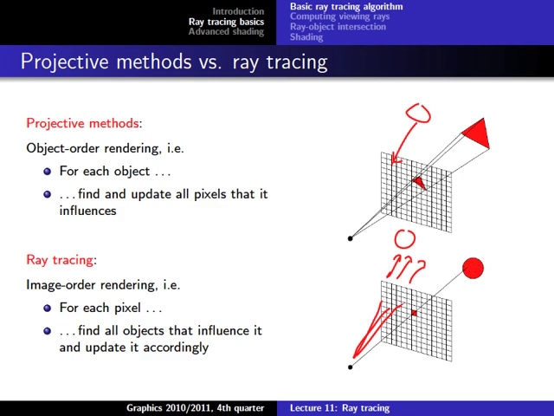Now, in terms of performance for ray tracing, like I said, we have to go through each pixel, whereas with the projective methods, we have to go through each object, which, if you think about very complex models with thousands of triangles and a lot of these models, is also not very efficient.